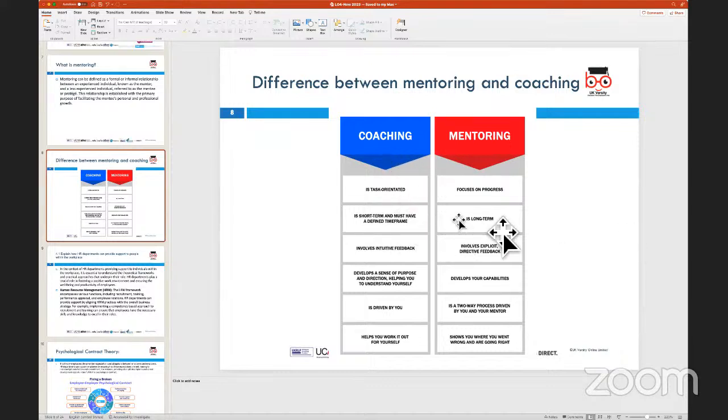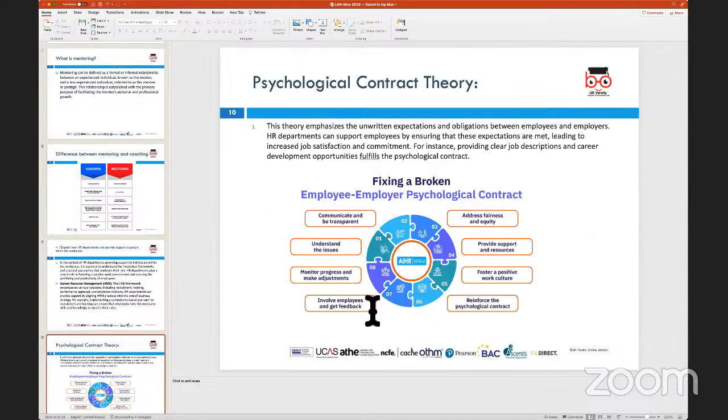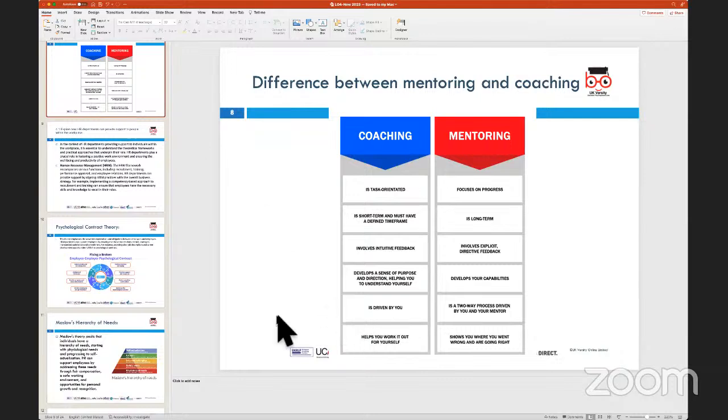Coaching tends to be short-term, mentoring tends to be long-term. Coaching helps to develop certain immediate short-term skills, and mentoring tends to help in development of capabilities required to carry out a particular role. And coaching is driven by you, mentoring is driven by the mentor and the mentee.